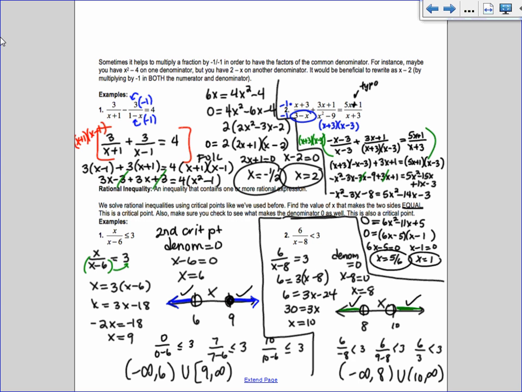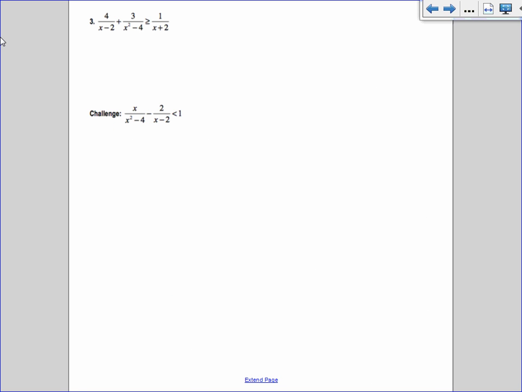So on number 3, we're going to first set it equal. I'm going to multiply through by the least common denominator, which, as you can see, is x plus 2 times x minus 2. When I do that, the x minus 2's cancel, so I have 4 times x plus 2, plus 3, right?